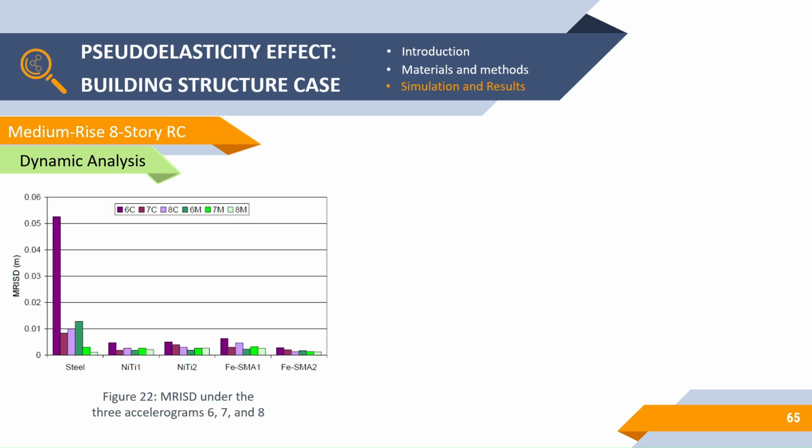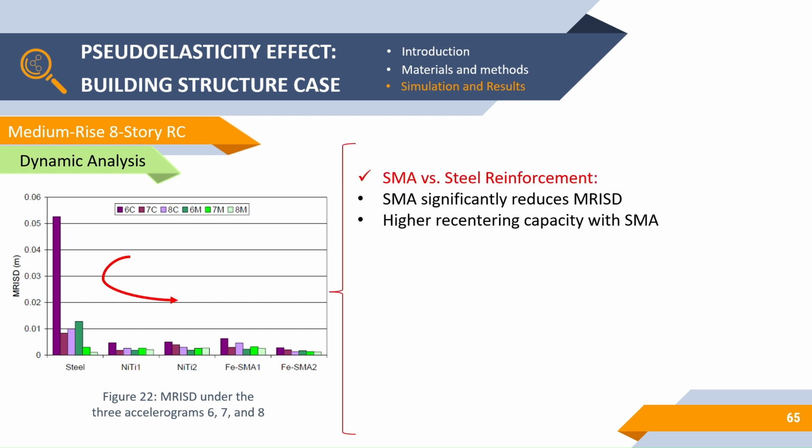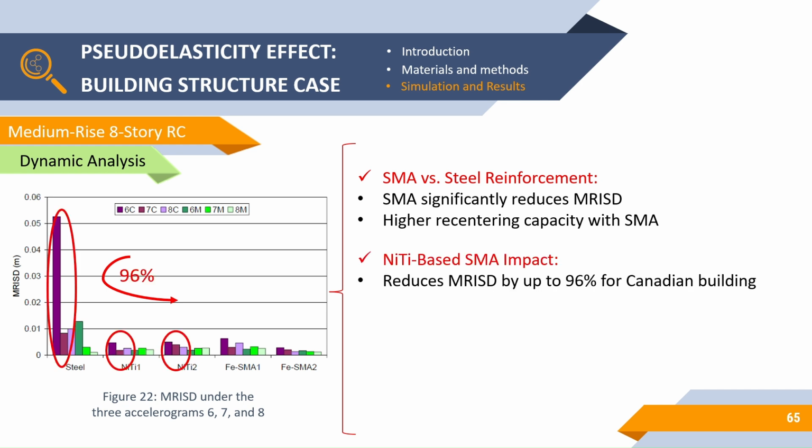As you can see from Figure 22, shape memory alloy reinforcements significantly reduce the maximum residual interstory drifts, showing higher recentering capacities. For instance, nickel titanium reduces the maximum residual interstory drifts by up to 96% for the Canadian building and 86% for the Moroccan one.